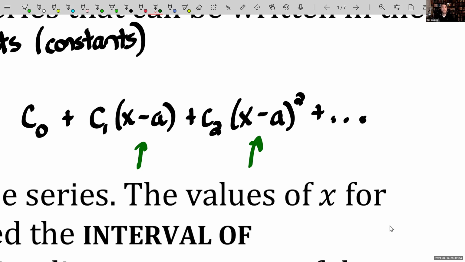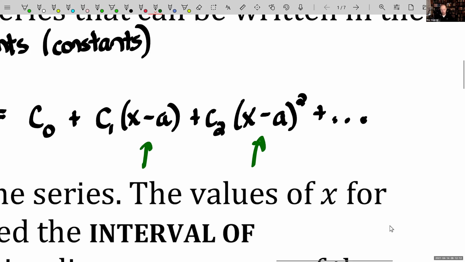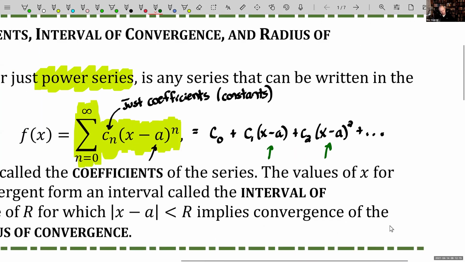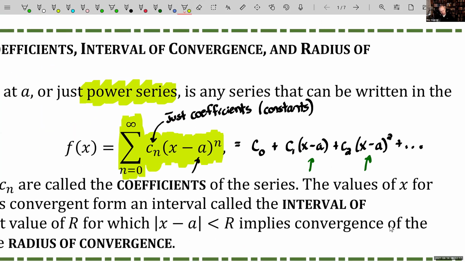That is awesome, because if I want to integrate or differentiate, I'd rather integrate or differentiate a polynomial rather than an ugly function. And that's also, by the way, why I say f of x is equal to that, because a power series is a function of x. That's a very impactful statement.